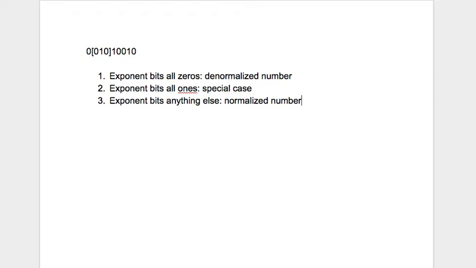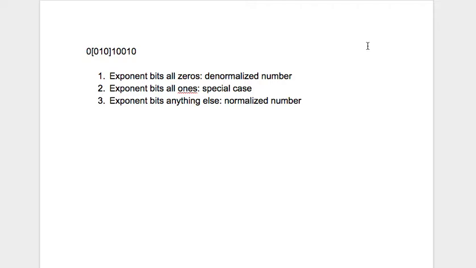So let's go through the rules for the normalized numbers first. We have these 3 parts. The first bit is the sign. A 0 represents a positive number, a 1 represents a negative number.